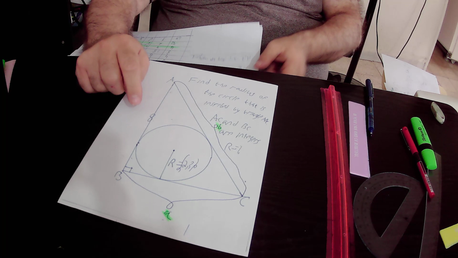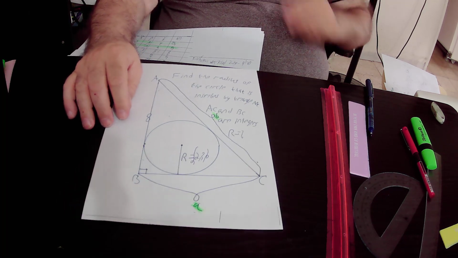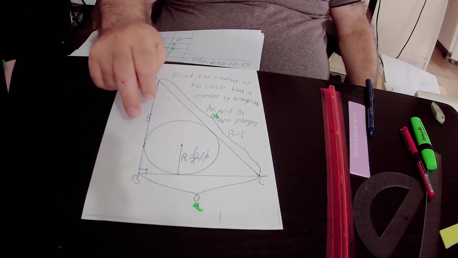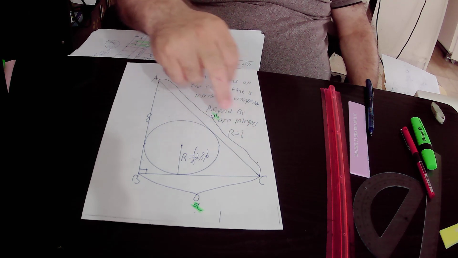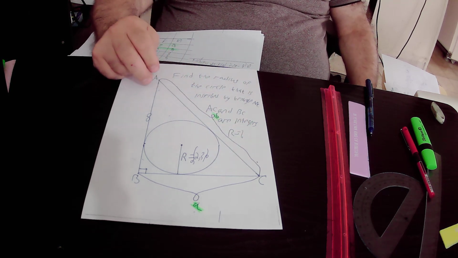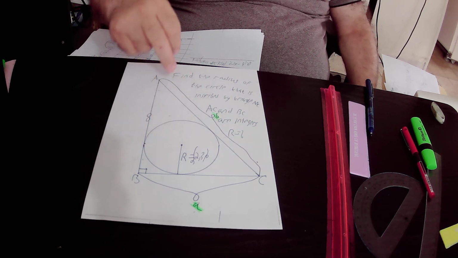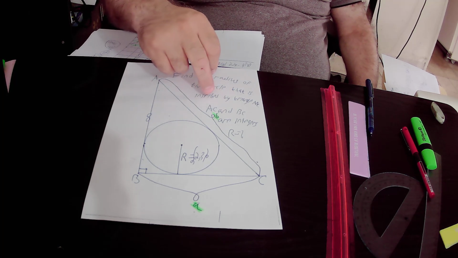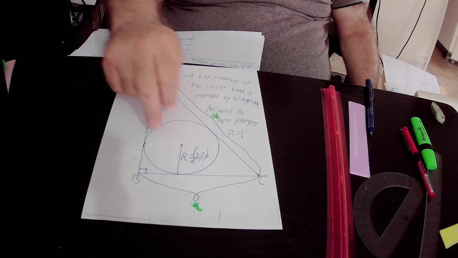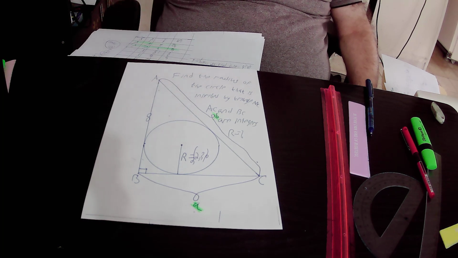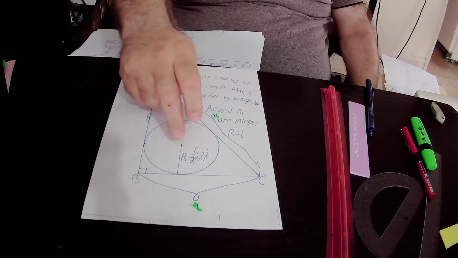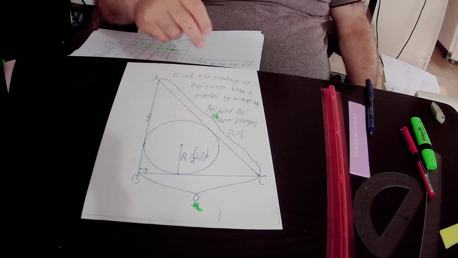Side AB equals 8 units. We also know that side BC and side AC are integers. Angle ABC equals 90 degrees. Inside this right triangle ABC, we have a circle that is inscribed in the triangle. And we want to find the radius of this circle that is inscribed in triangle ABC.